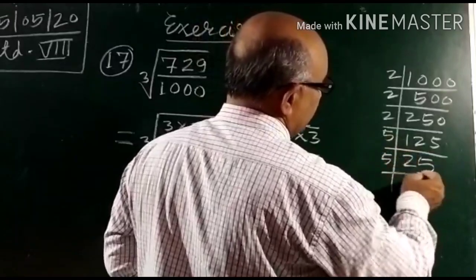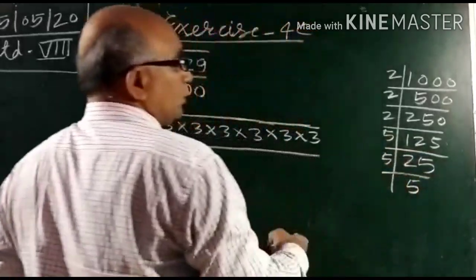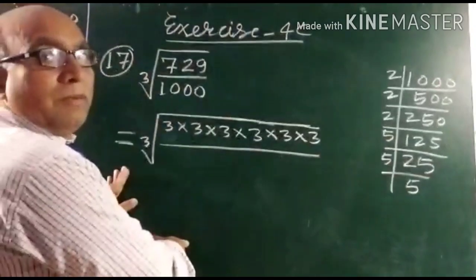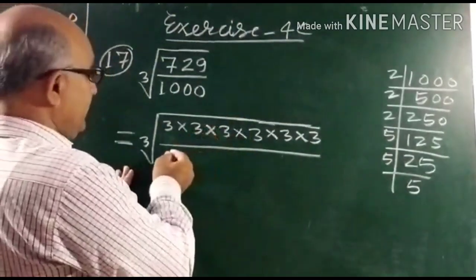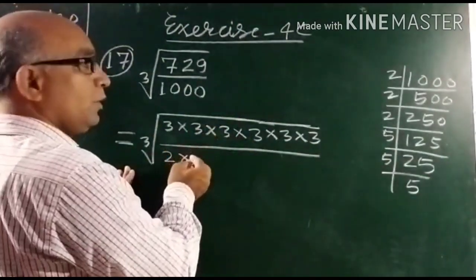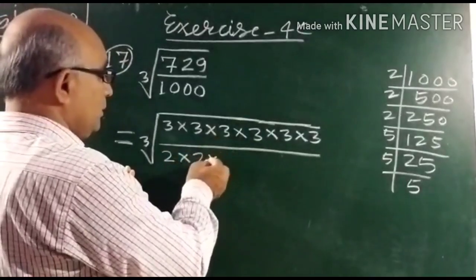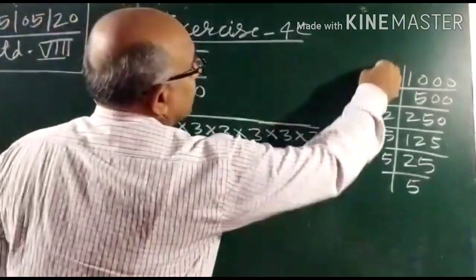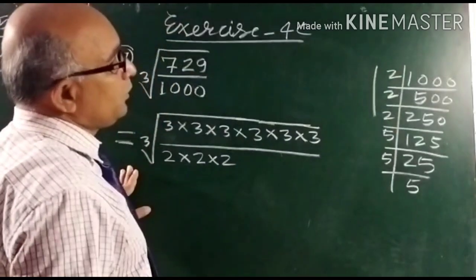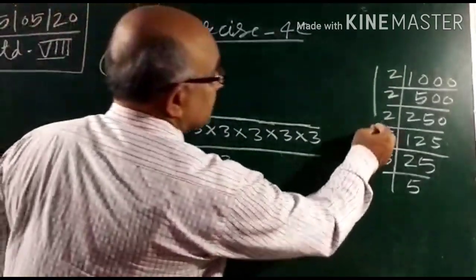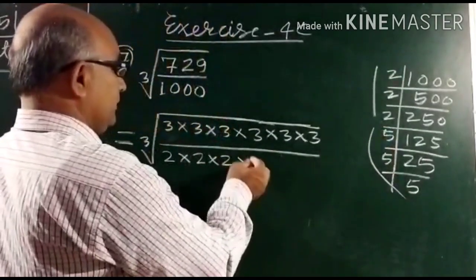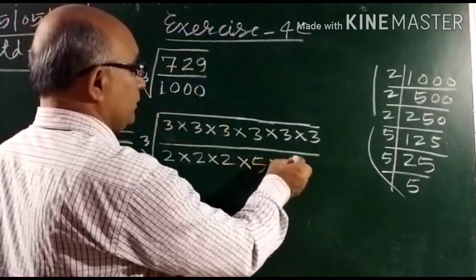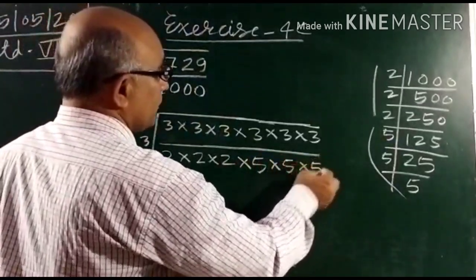Again 5 times 5, 5 fives are 25. So my dear students, write here 2 into 2 into 2, factors of 1000. Now 3 factors are again 5 into 5 into 5.